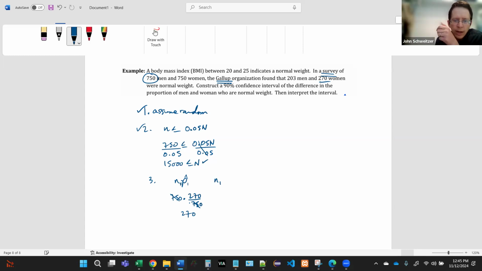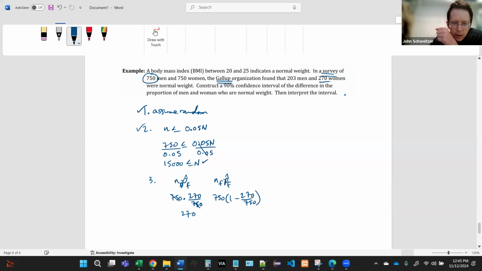Well, that's N1 or NF times 1 minus P hat F, right? Maybe I'll go ahead and just pull out the F here so we're not confused by the 1 there, right? Okay, so you can just subtract 270 from 750, right? Or you can work through the formula. So we go 1 minus 270 over 750.